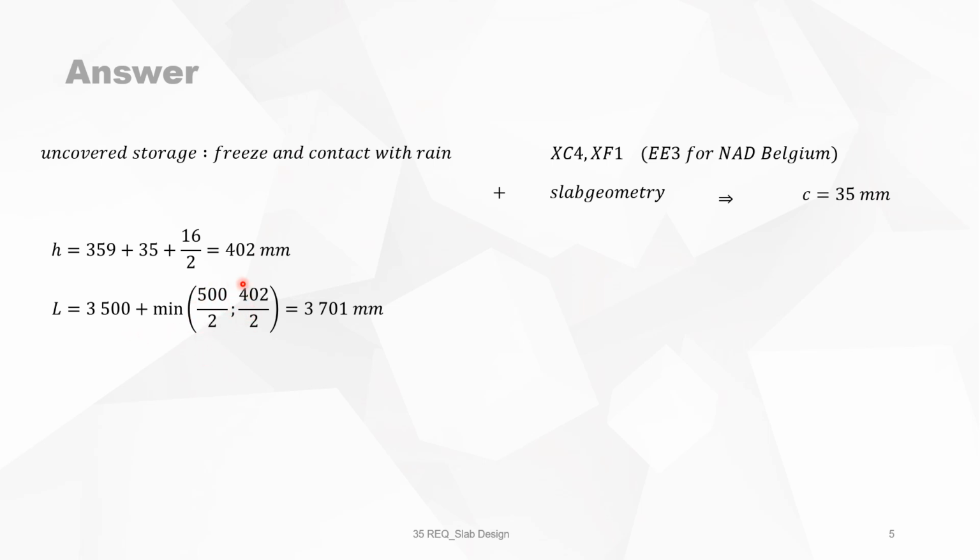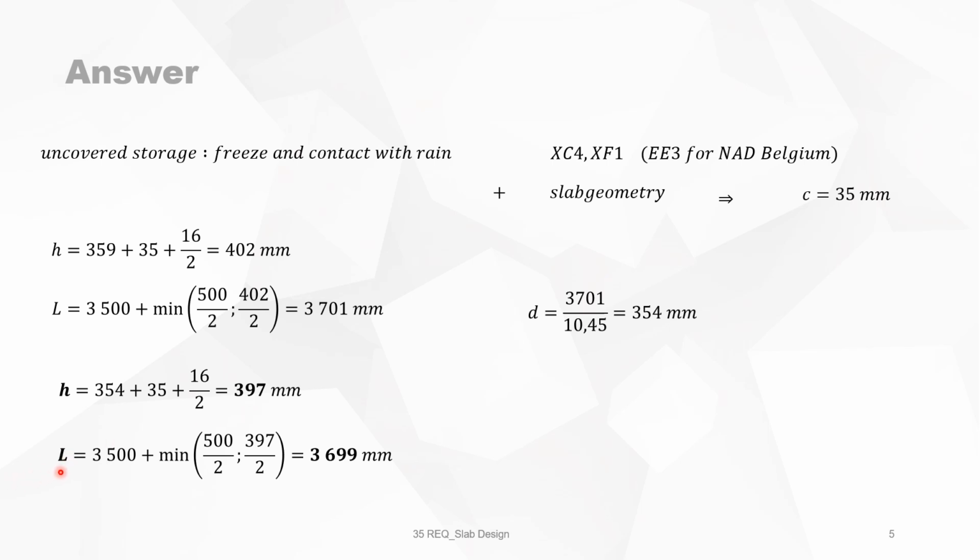And you see that now the minimum of the two is not 250, but 201. So the span now changed to 3,701 millimeters. So we recalculate the d, the effective depth, which is 354 millimeters. The total depth of the slab is then the recalculated d plus the concrete cover plus the point of gravity of the tensile steel, which gives you 397 millimeters.